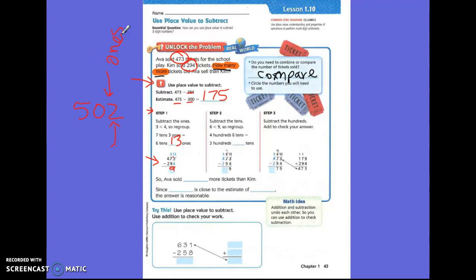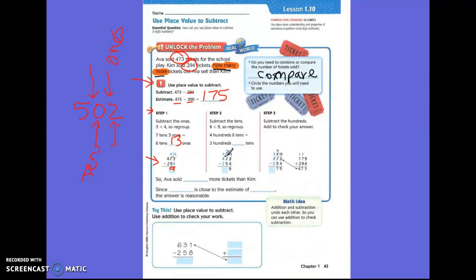Okay. Now step 2 is subtracting the tens. This is the tens. The middle number is tens. So can we do 6 minus 9? No. So now we're going to have to regroup again. Instead of having 4 hundreds and 6 tens, we're going to have 3 hundreds and how many tens?